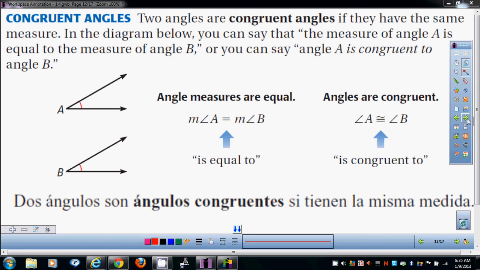Now, before I even go any further, if you are told or given a way to find out that two angles are equal, what do you think you do to solve them? If you're told that this angle equals this one, let's say this one is x and this one is 70, what do you think you do to solve for x? If two things are equal, then what can you do with their values?